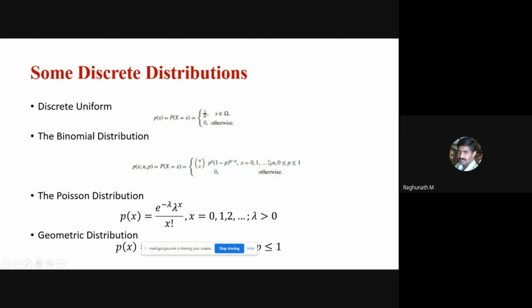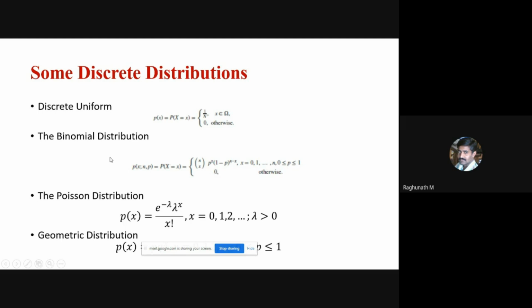That means the coin tossing experiment, whatever the Bernoulli random variable which I told, if it is repeated n times and I take the number of heads or number of successes, here p stands for the probability of success. Then I am going to get nCx p to the power of x, 1 minus p to the power of n minus x, where x takes the values 0, 1 up to n, and the probability of success always lies between 0 and 1, and the PMF is 0 otherwise.